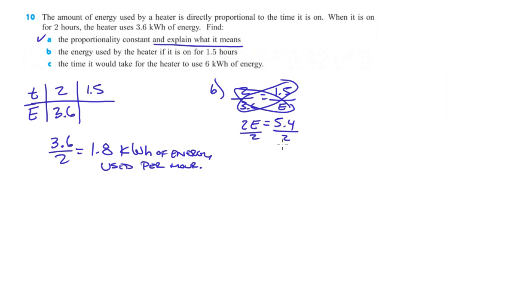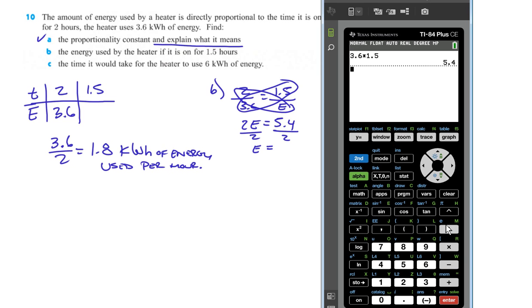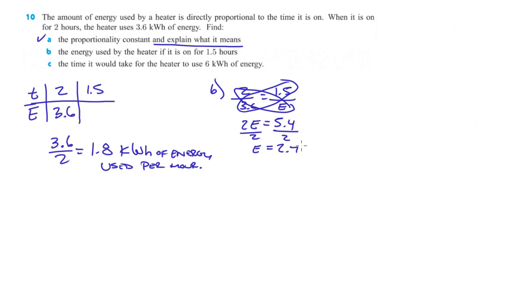Divide both of those by 2, and we get that E is going to equal, let's just do this the easy way, because we already have it in there. Divide by 2, and we get 2.7. So that means it uses 2.7 kilowatt hours if it's on for 1.5 hours.